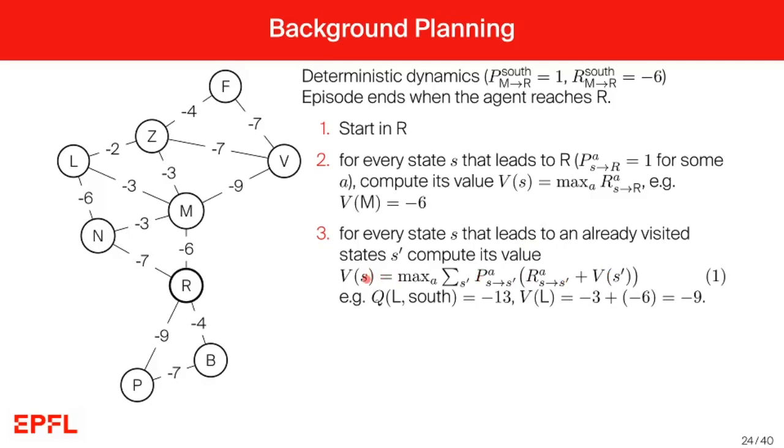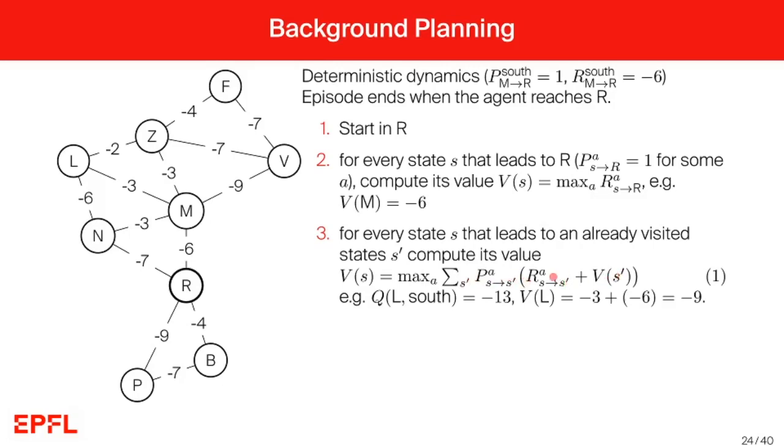So the value of a state is the maximum over all the actions, averaging over all the possible next states S prime that we can reach with state S and action A, with probabilities corresponding to the transition probability. In this case, again, this is very simple because we're in deterministic dynamics.